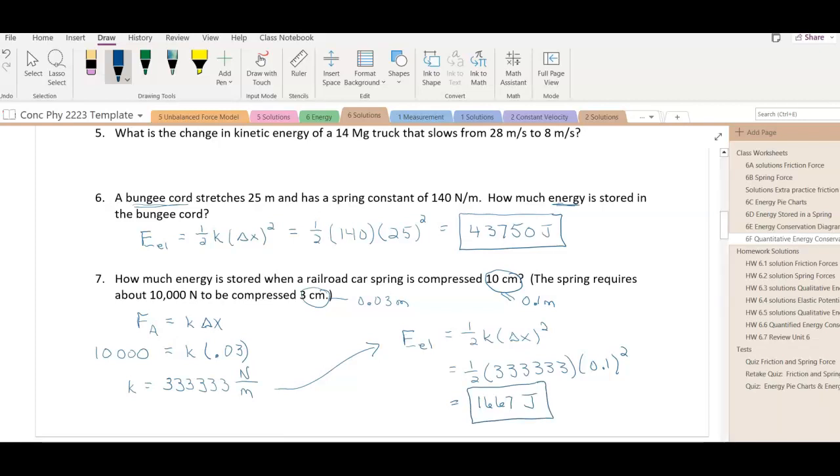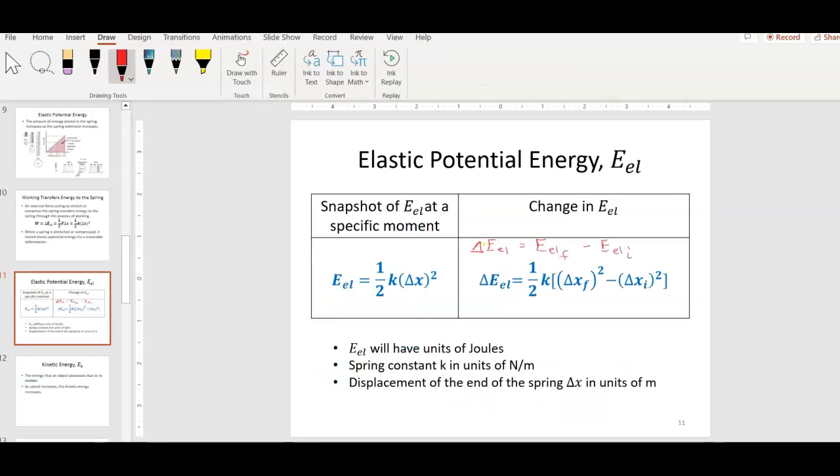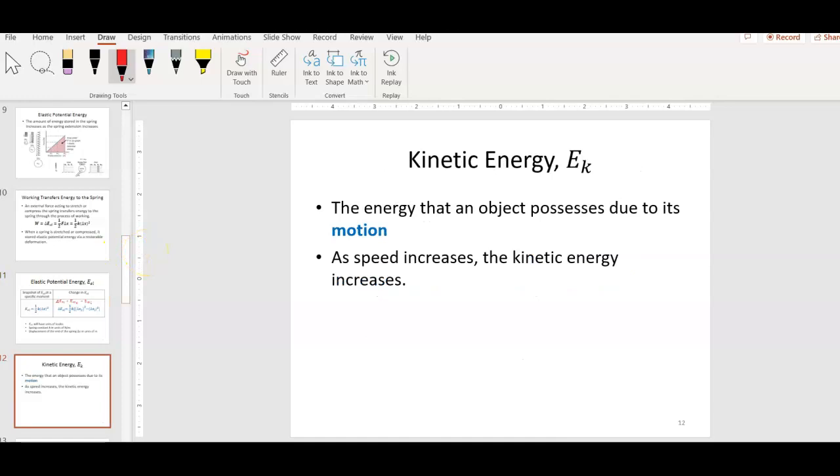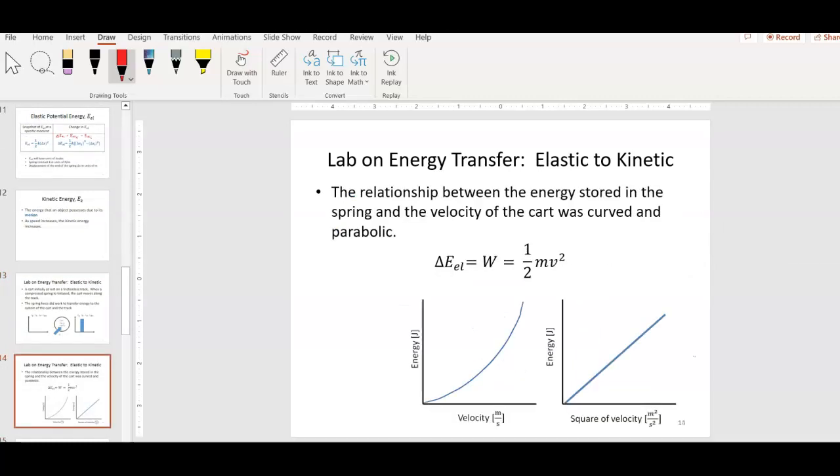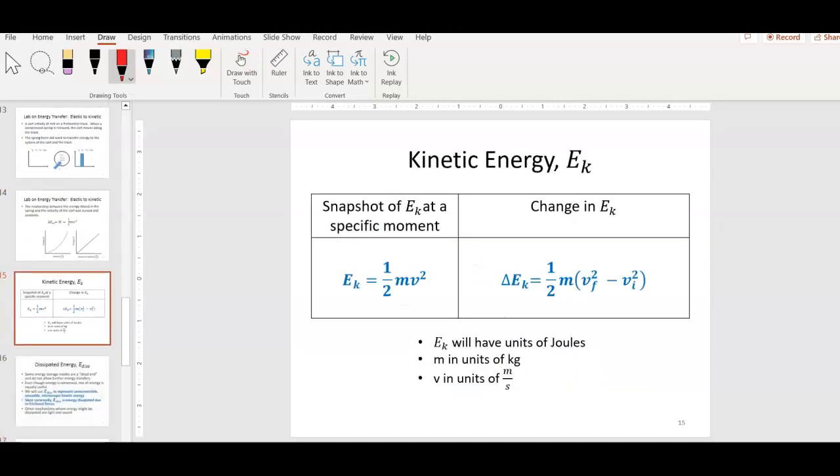Okay, I'm going to go back to the slides because now we need to talk about kinetic energy, which is energy that we recognize because something is moving. Here we go.